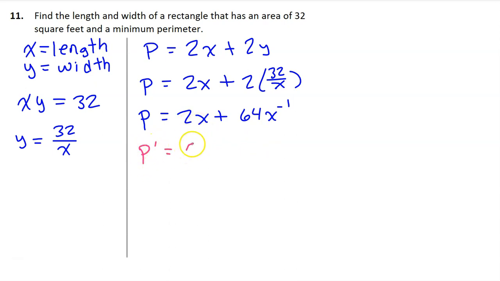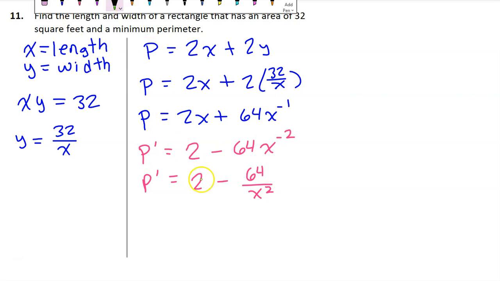P prime will equal 2, and then with the power rule we get negative 64 x to the negative 2 power. That means p prime is equal to 2 minus 64 over x squared. Our lives will be a little bit easier if we make this into one fraction. We can accomplish that by multiplying the 2 by x squared over x squared.